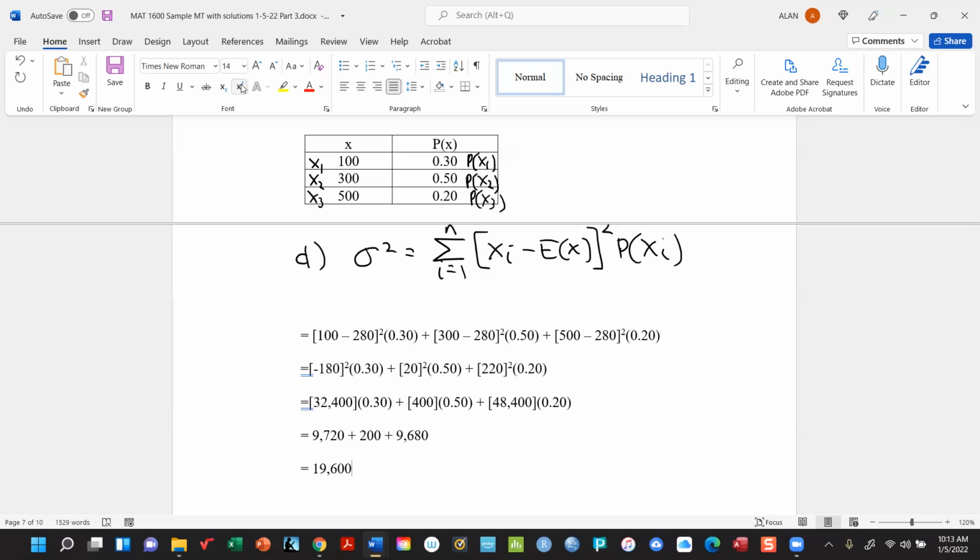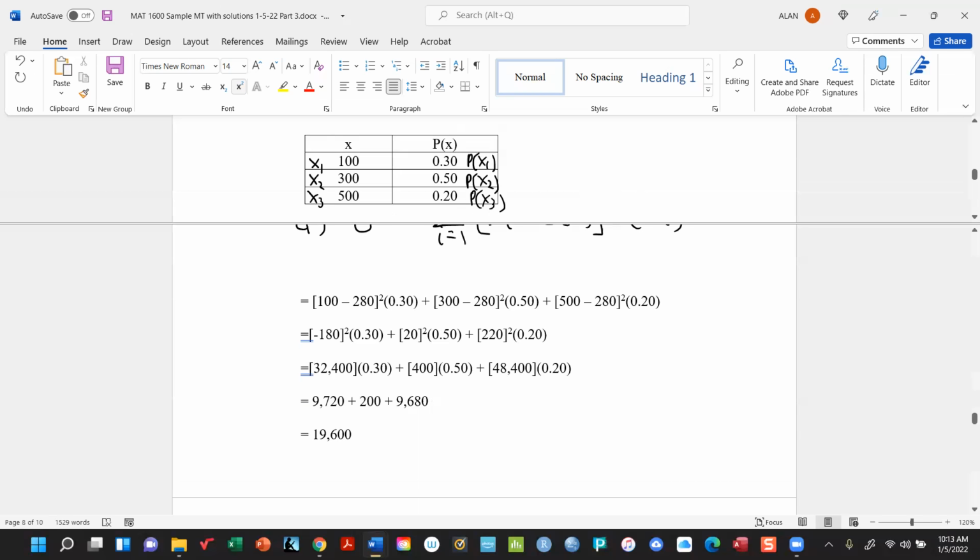All right. Now, last but not least, E, the standard deviation. And with the standard deviation, of course, all you're doing is taking the square root of the variance that we just got through calculating.